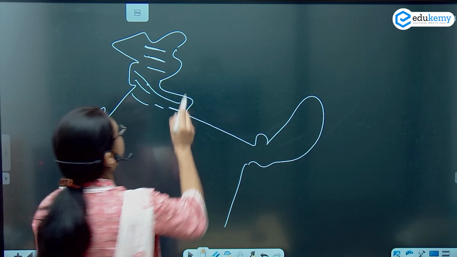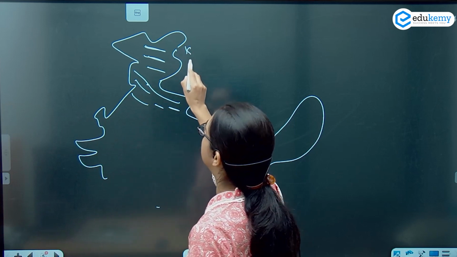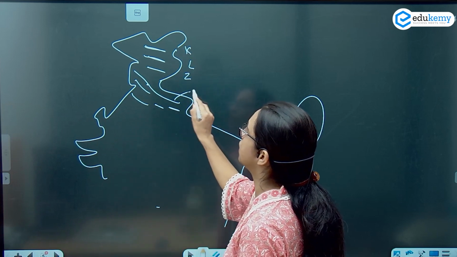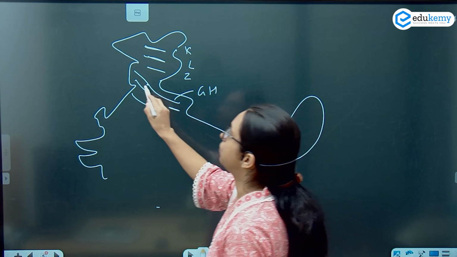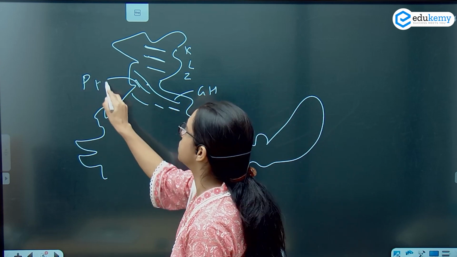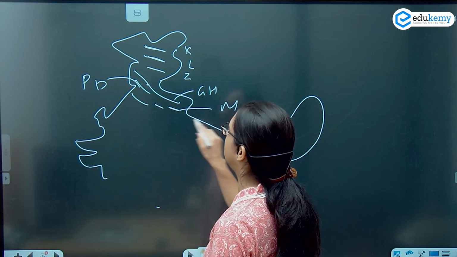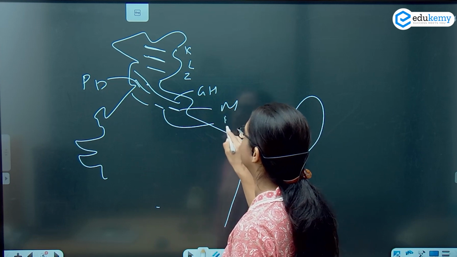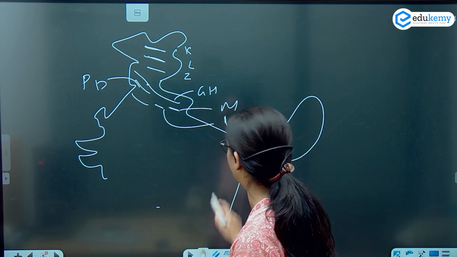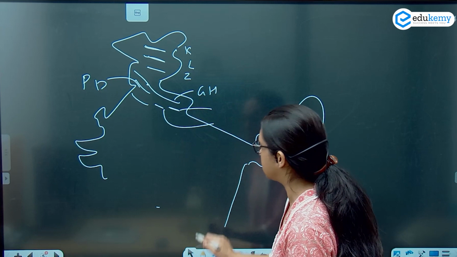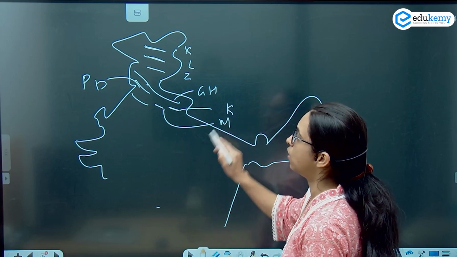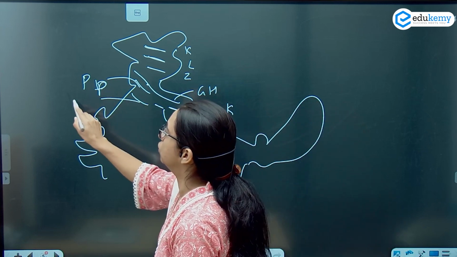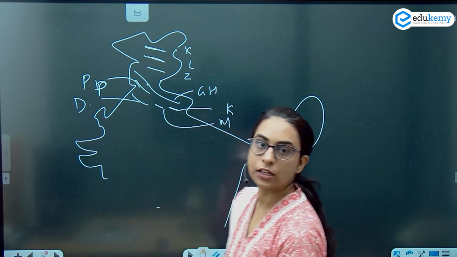This is Mussoorie, this is Kumaon, this is Dhauladar. Okay, that we have studied.